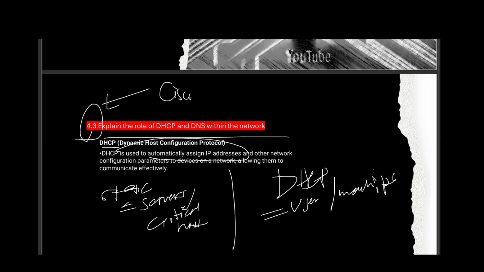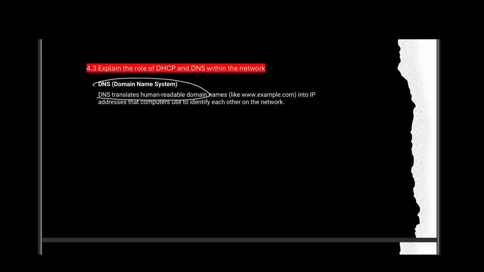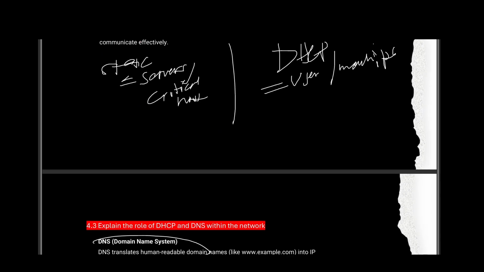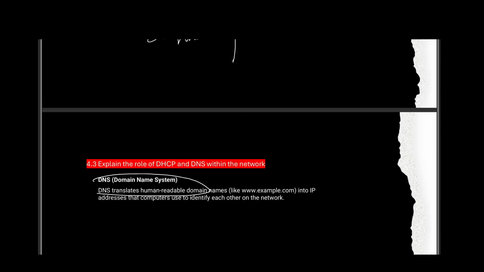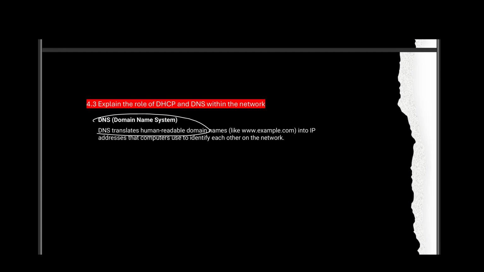Right now, let's also go with the Domain Name System since we're going to apply it in the same lab. For the Domain Name System, it's as easy as this. We have example.com.